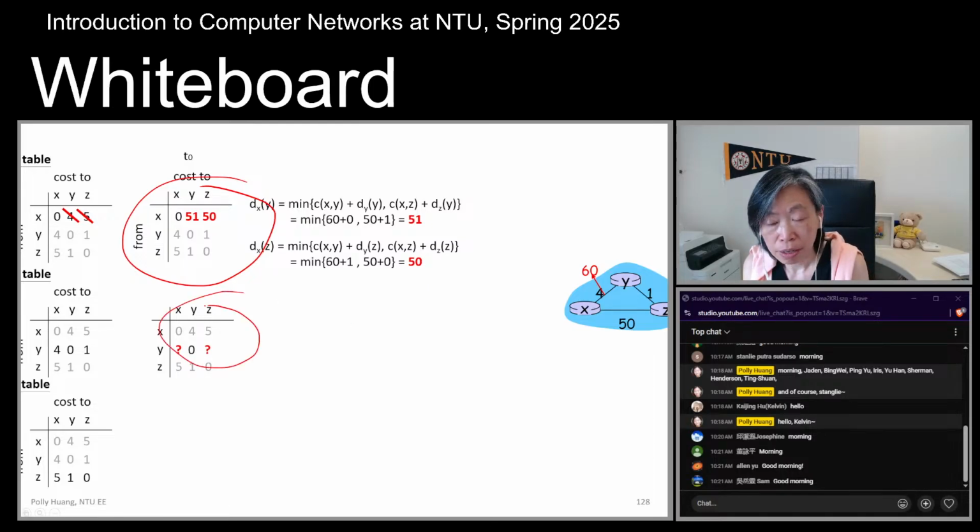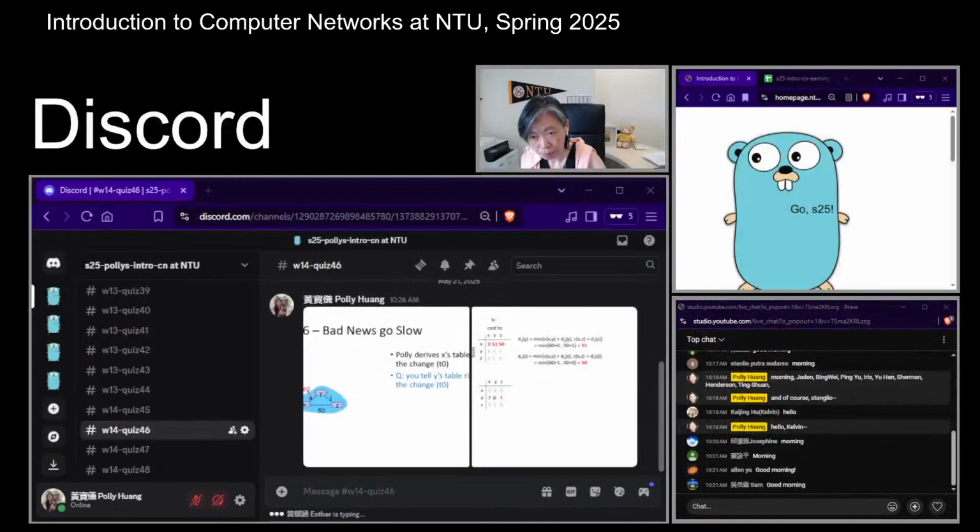Okay, so let's go to the score space, channel W14, quiz 46. Guys, the purpose of quiz 46 to 47 and 48 is so that you pick up the distance vector derivation. So you want to do it on your own. We are not asking for fast responders for bonus, okay? It's just an exercise for you to prepare for the exam.